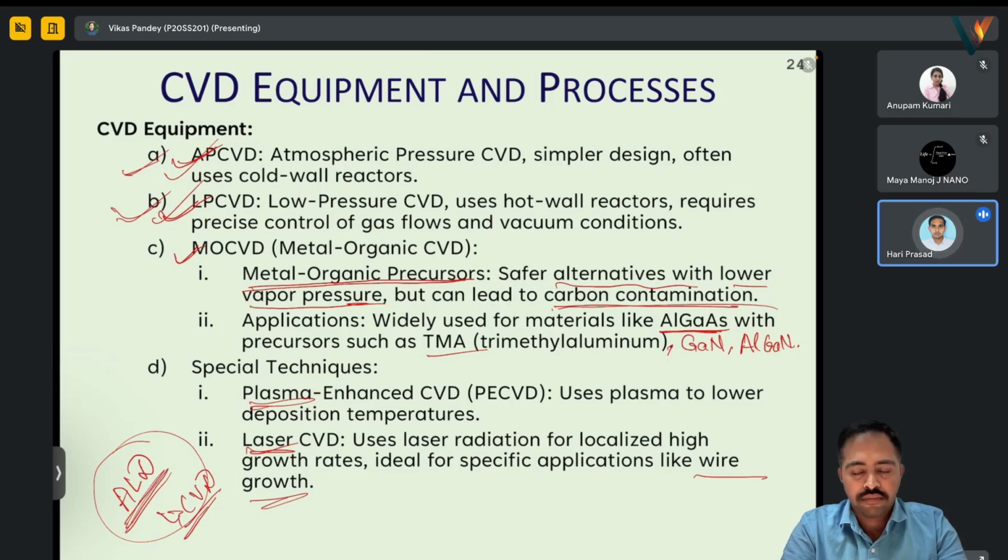You said for epitaxial growth, right? On the previous slide, in the point about APCVD, you explained the problems you face with any CVD.